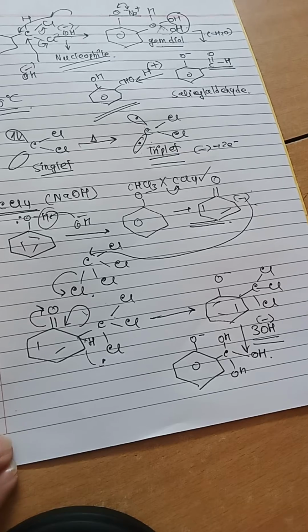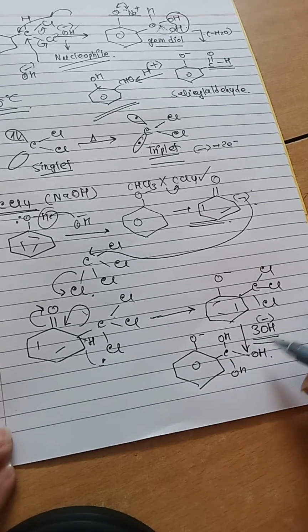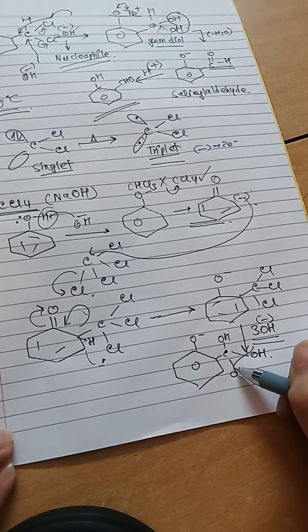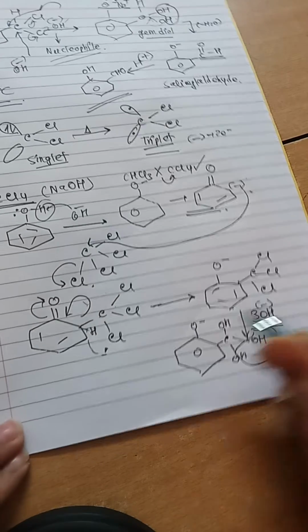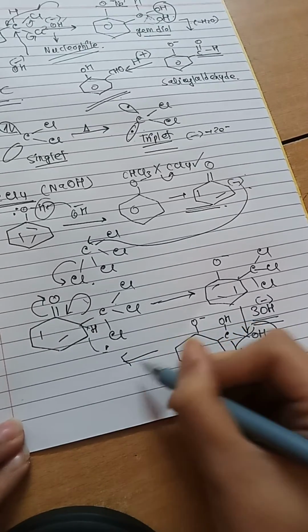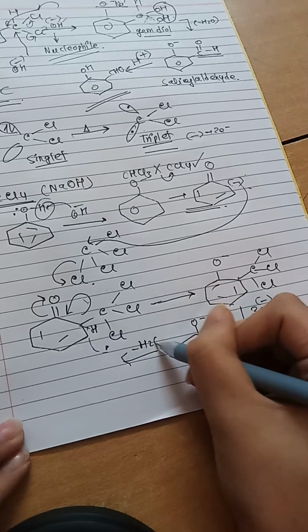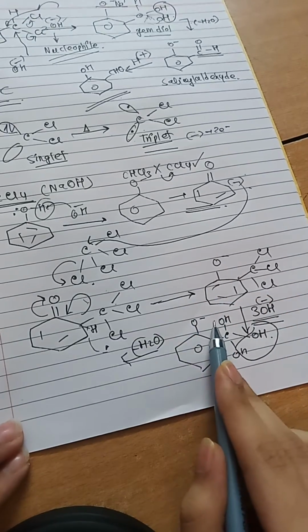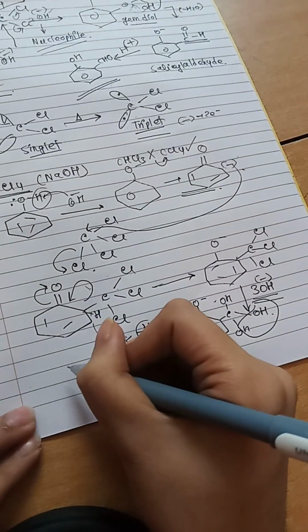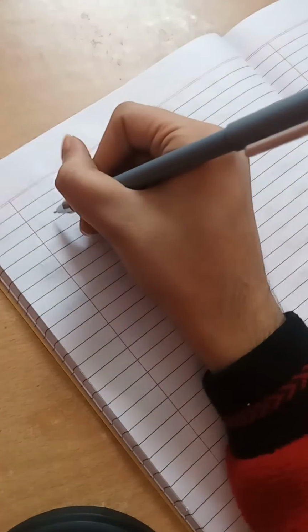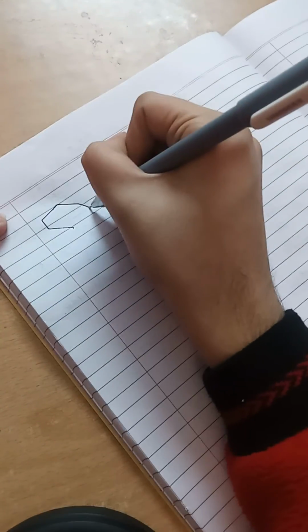Now again there will be repulsion over here, so again a molecule of water will be taken out. If I write minus H2O over here, again one molecule of water is taken out, and I'm showing it on the next page. So again, if one molecule of water is taken out, then what will be the final product?